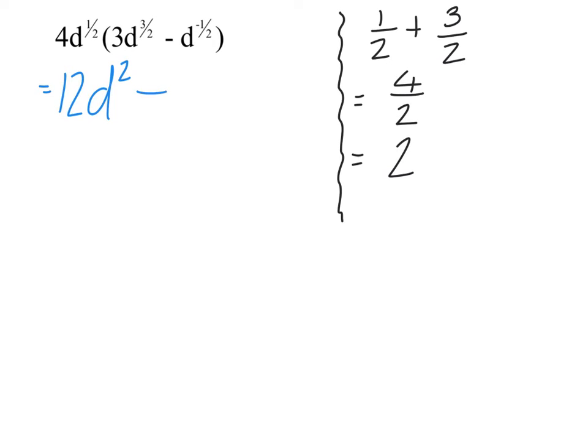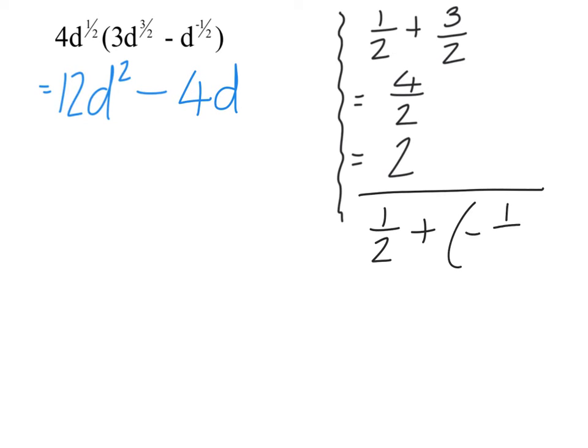Then we're going to subtract 4d to the power of a half multiplied by d to the power negative a half. That will give us 4d to the power of something, which we'll work out again over here at the side. The first power is a half, and we are adding negative a half.